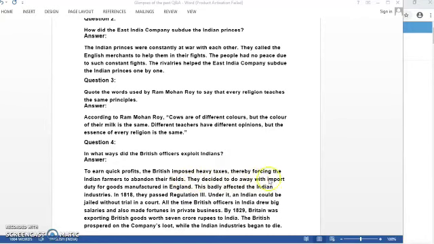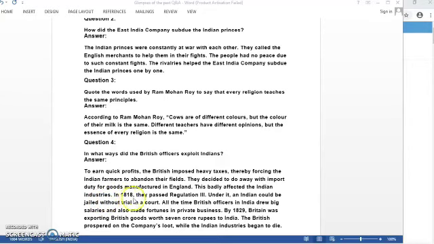They decided to do away with the import duty for goods manufactured in England. They did not put any import duty on goods manufactured in England, and because of this, it badly affected the Indian industries. The Indian artisans became poorer and poorer.